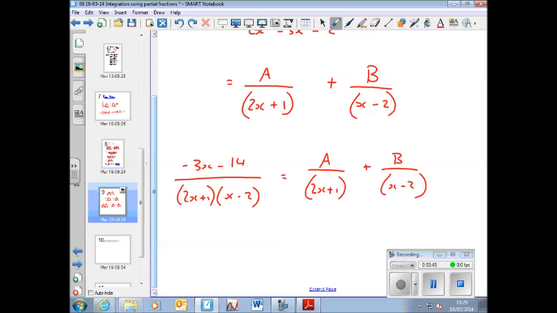So we've split the denominator into the two parts. We've factorised to get this, and then we split our two factors, and we've got to find A and B. And the reason why we're doing it, as a reminder, is that when we come to the end and we integrate these two, that's easy because we've seen already how to do it.